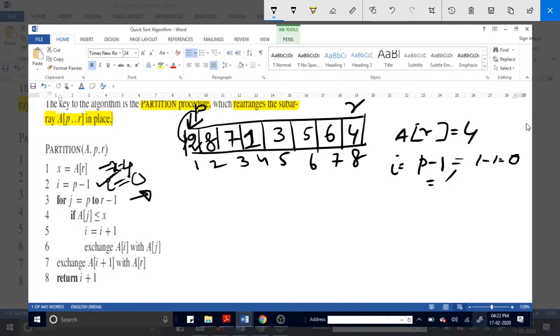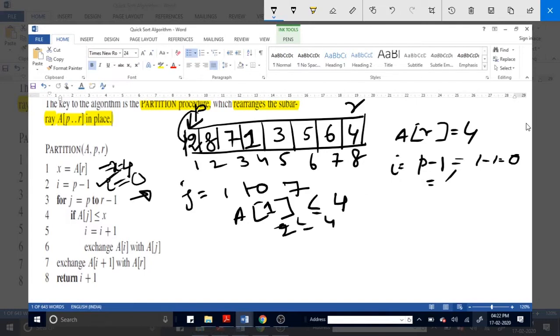What is happening? You just check. The j value starts from the value of p, which is 1, up to 8 minus 1, 7. Up to 7 it will go. Okay. So let us see what is happening in the first case. If A[j], that means A[1], is less than or equal to x, the value of x is 4, the value of A[1] is 2, 2 is less than or equal to 4. Okay.